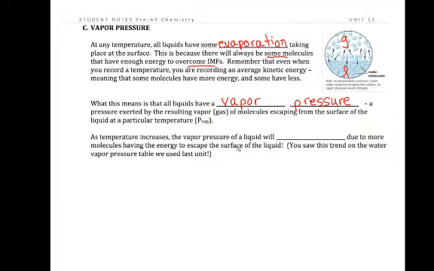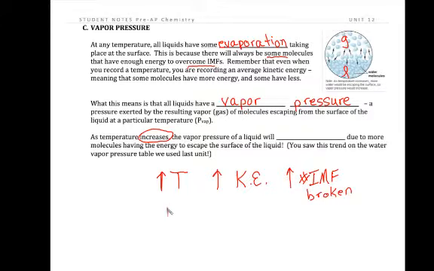As temperature increases, so as I increase the temperature, you're going to increase the kinetic energy of the molecules, and pretty soon they'll be able to break those intermolecular forces. So you're going to increase the number of intermolecular forces broken.